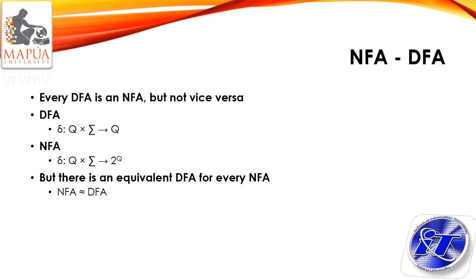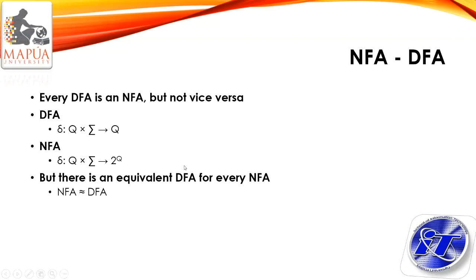Why? We all know that a DFA and an NFA could be represented by the five tuple: Q, sigma, q0, the final states, and the delta transition. But a DFA has a different delta transition compared with an NFA.